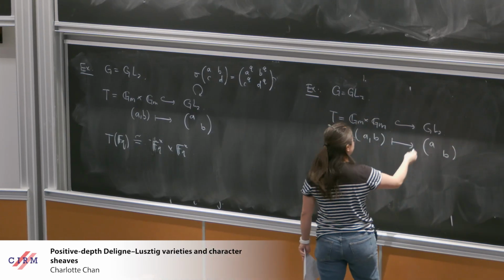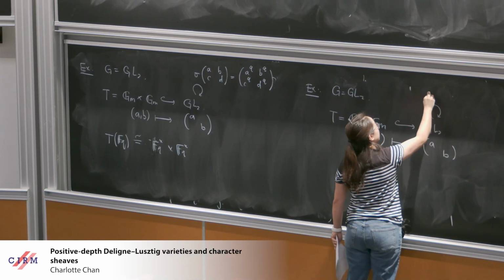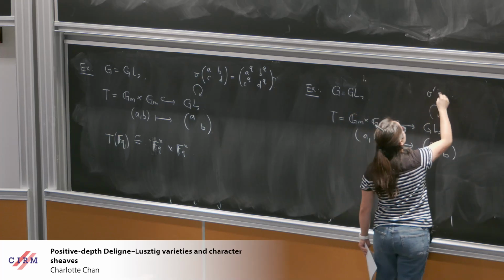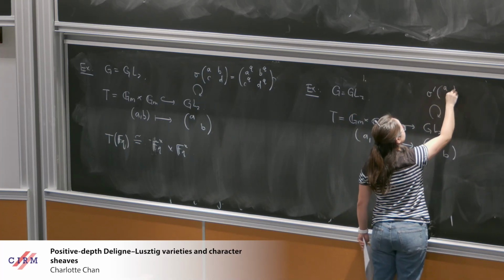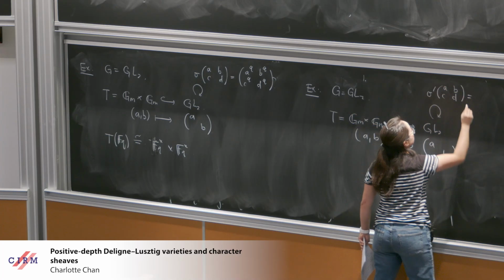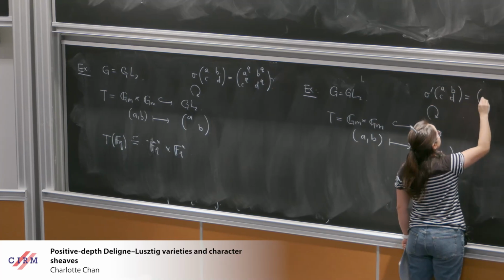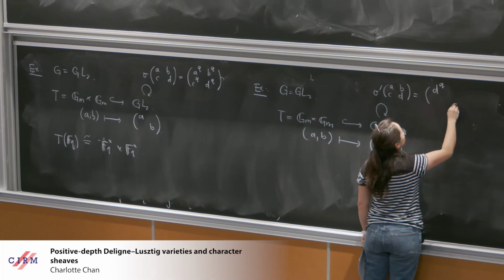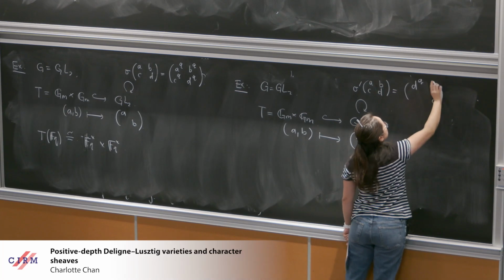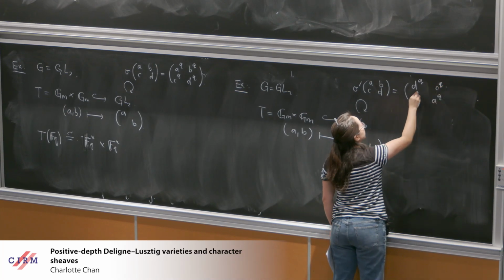But now I'll take a funny Frobenius, a twisted Frobenius, which I'll call sigma prime. Sigma prime will be defined like this: A to the q, C to the q, B to the q.